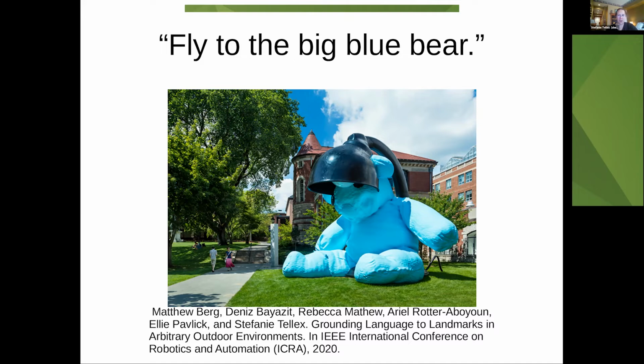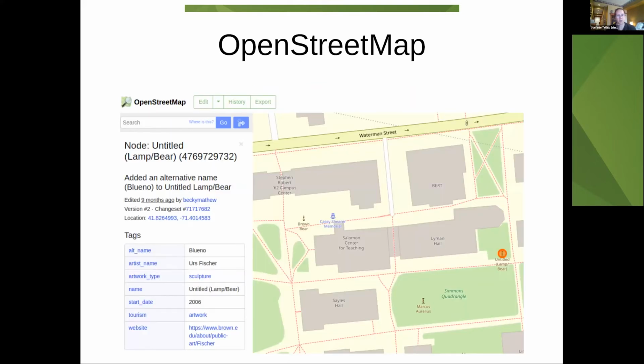So the challenge is how can we understand commands like fly to the Big Blue Bear when the robot hasn't seen the Big Blue Bear ever during training. What we noticed is that even though this doesn't appear in the training set, it does show up in maps of the environment. A lot of these landmarks are distinctive and permanent, and they're in the OpenStreetMap view of the environment, with information about it, keywords, and some idea of what it looks like.